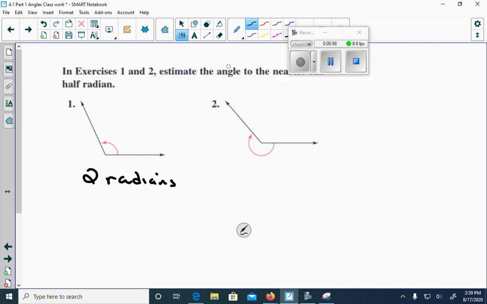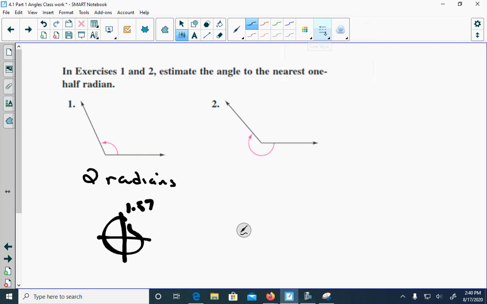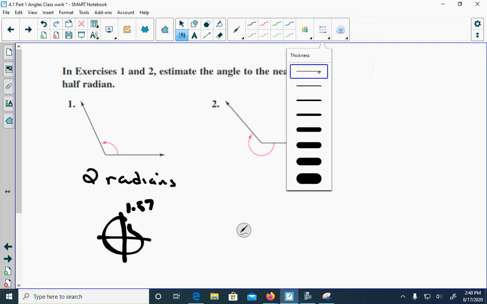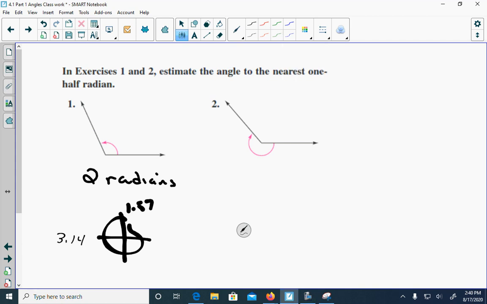But I do know that if I'm looking at a unit circle, this would be 1.57, and this would be 3.14. This looks like it's closer to 2 than anything else, so I'm going to guess 2.